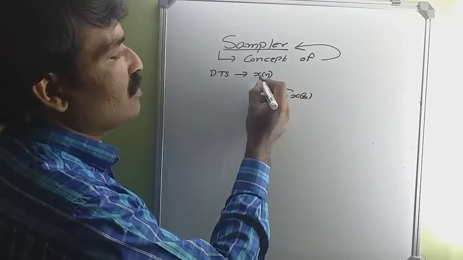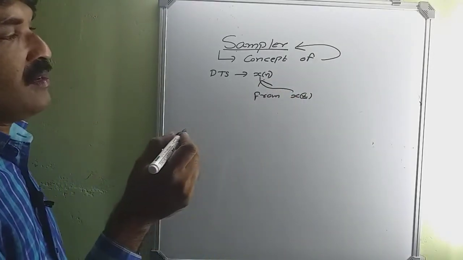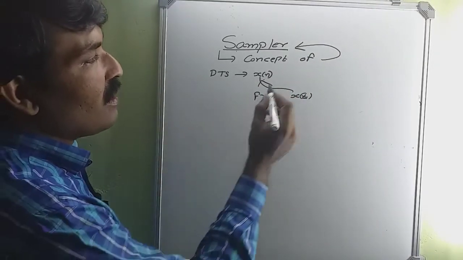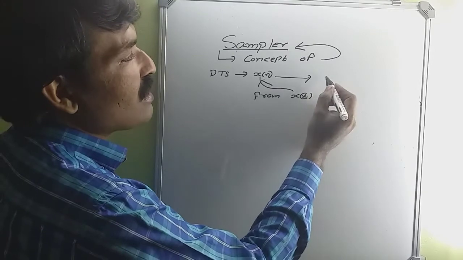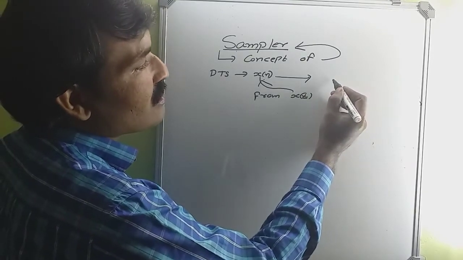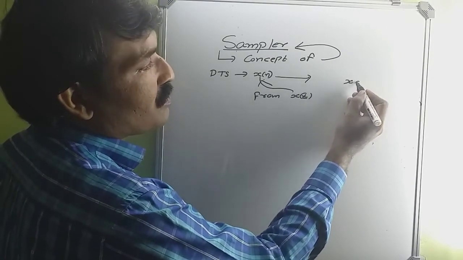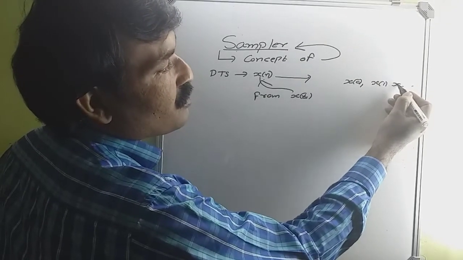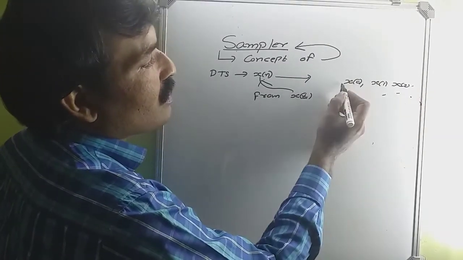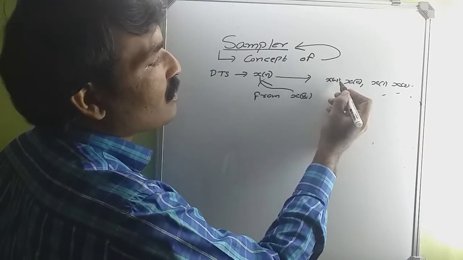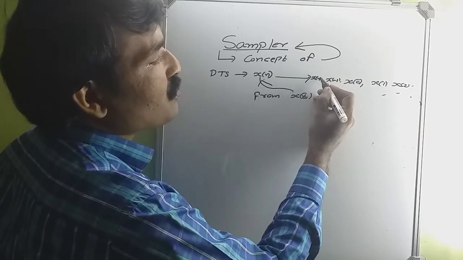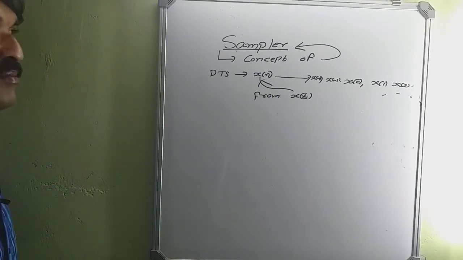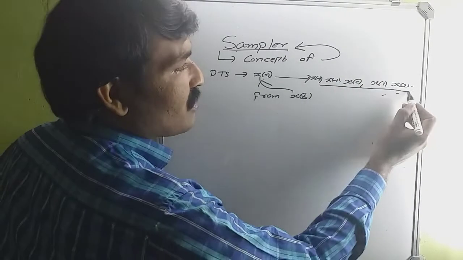From x of t, we are getting x of n. Actually, we are representing x of n as a time sequence, that is x of 0, x of 1, x of 2, and it goes on, and here x of minus 1, x of minus 2, etc. That's a time sequence.